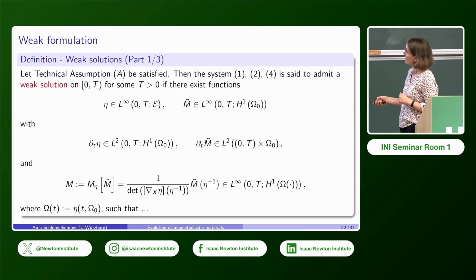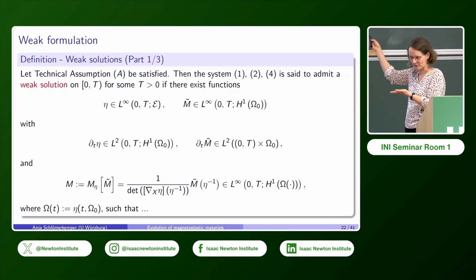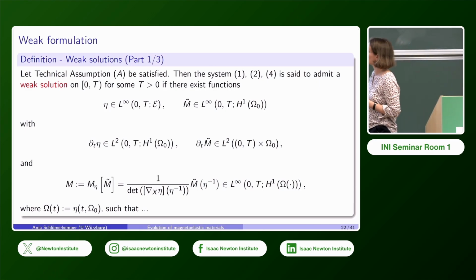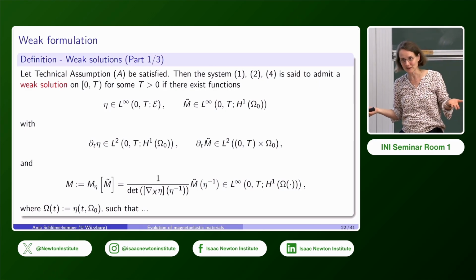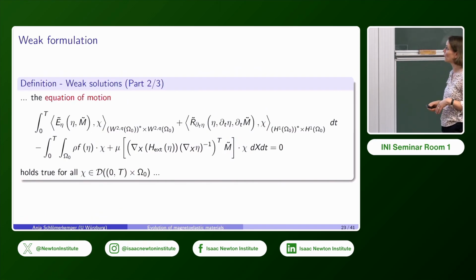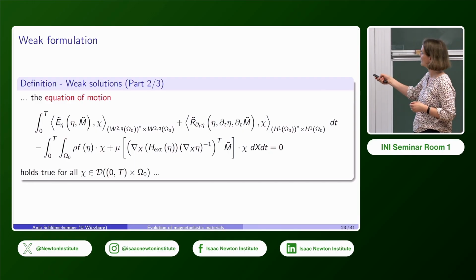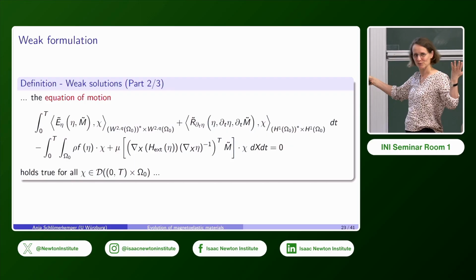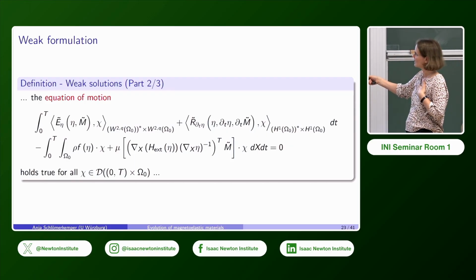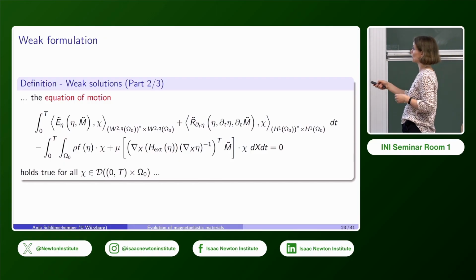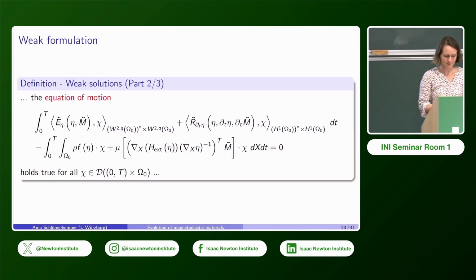Okay. And of course, now we have all these regularities, and our functions eta and m tilde need to satisfy the equations, and these are the equations in weak form. So first of all, we have the equation of motion, and here I use the notation with the variational approach, where we have the variation of the energy with respect to eta. We test it with some chi in these function spaces. Then we have the contribution from the dissipation part, and we have the external forces.